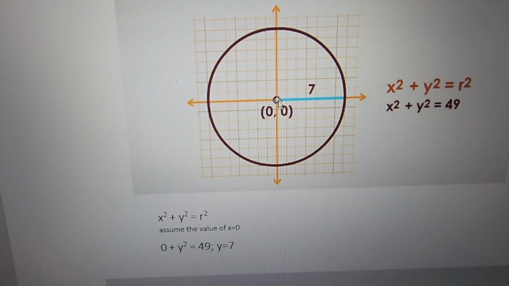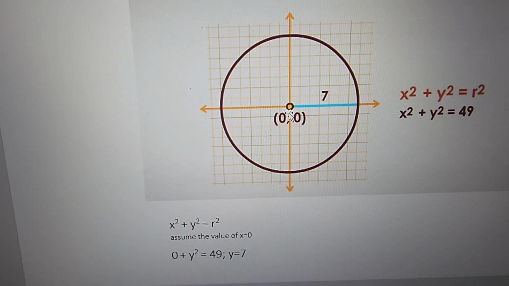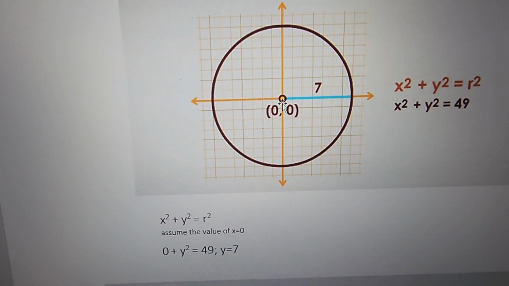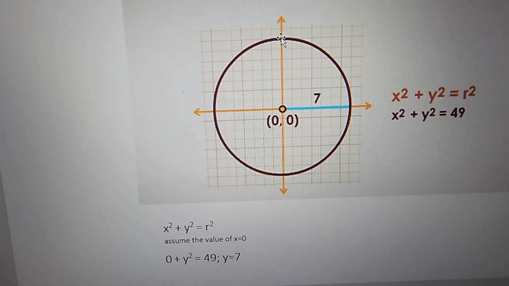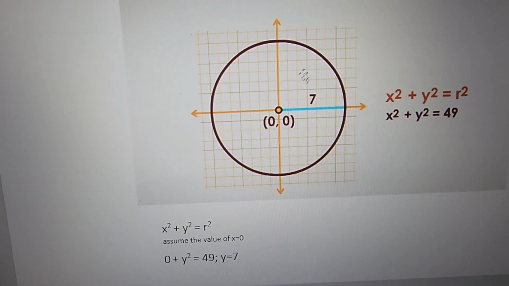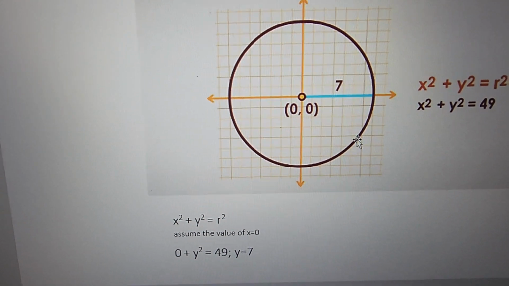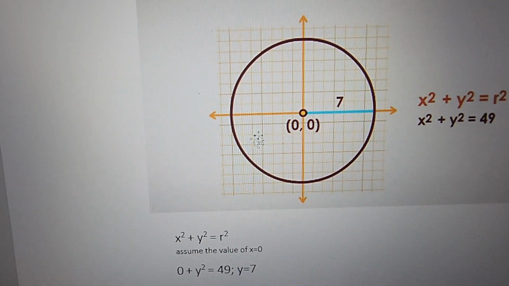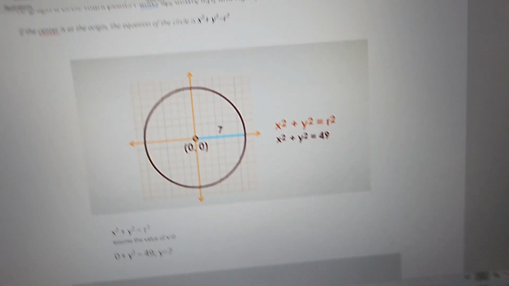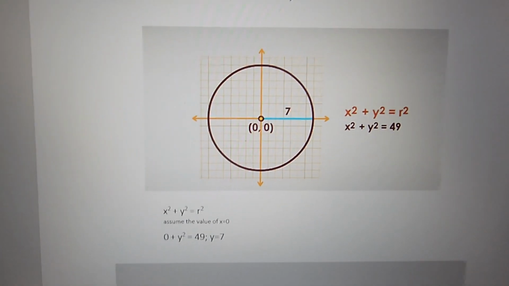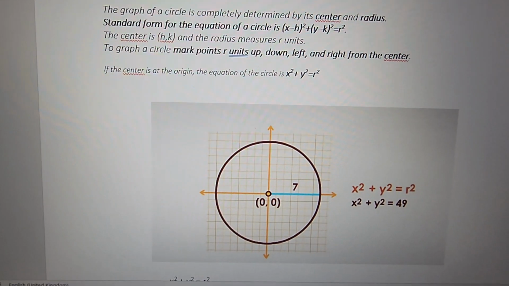See, from the center 0, 0 to the point 0, 7. So any line from the center going to any point of this circle is equal to 7. So that's how we draw a circle, or how we graph the circle.